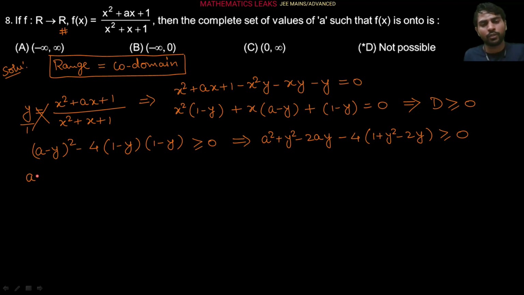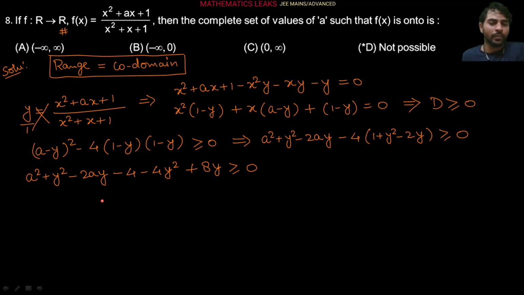So we get a square plus y square minus 2ay minus 4y square plus 8y greater than or equal to 0, right?